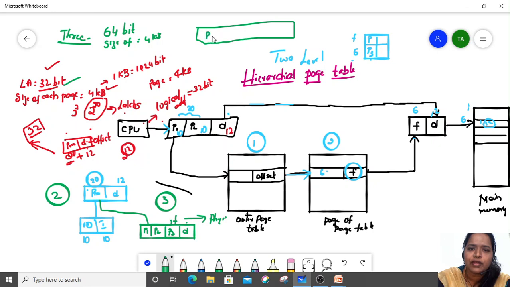P1, P2, P3 and displacement. We already know that the displacement is 12. The CPU generated 64 bits, and 64 minus 12 is how many bits left? 52 bits left.